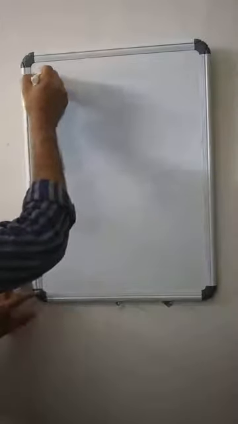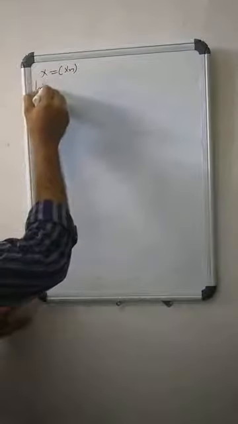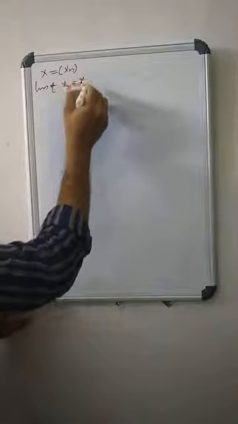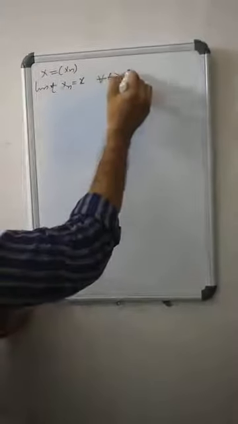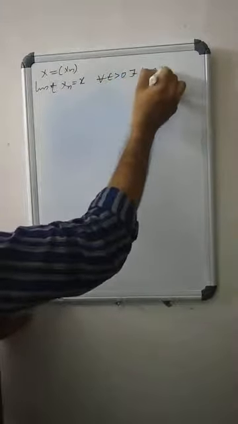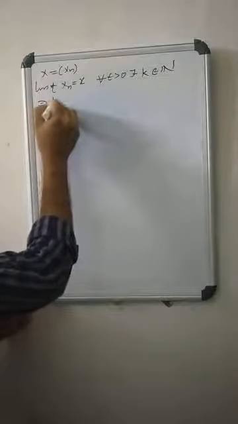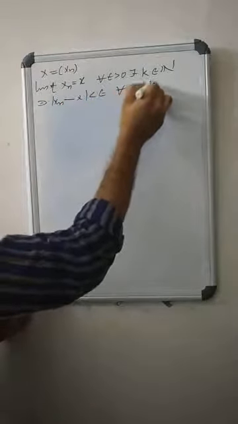Good morning everybody. In the previous class, we discussed the limit of a sequence. If x equals (xn) is a given sequence, then limit xn equals x means: for all epsilon positive, there exists some k in the natural numbers such that modulus of xn minus x is strictly less than epsilon for all n greater than or equal to k.